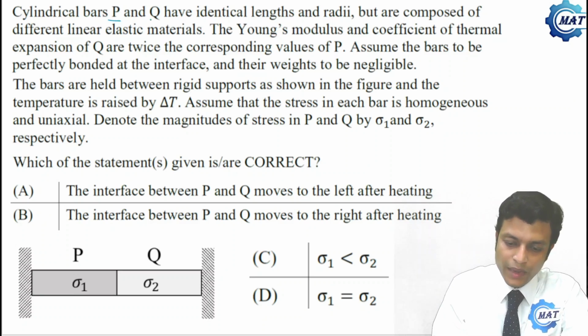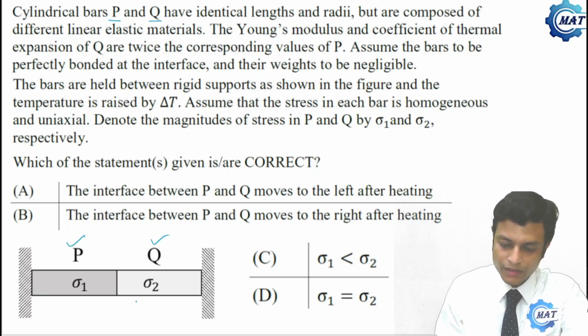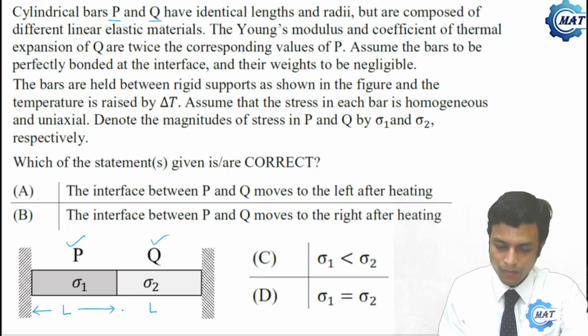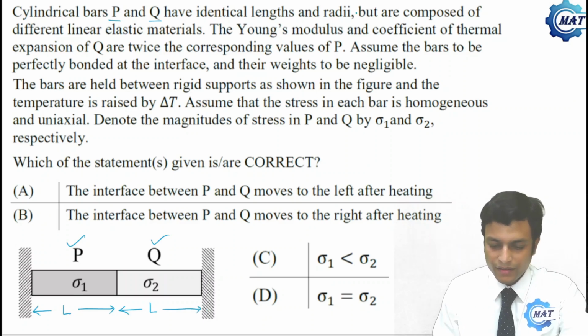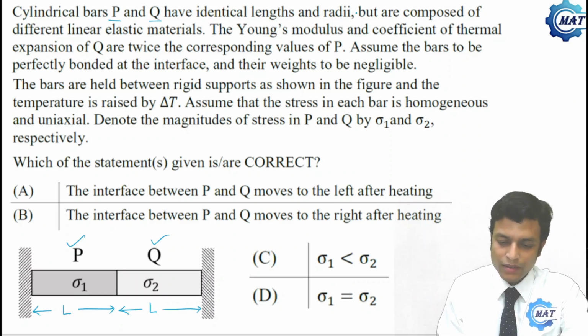Cylindrical bars P and Q, this is P and this is Q, have identical lengths, both having the same length, say L, and radius. If the radii are the same, then both have the same cross-sectional area, say A, but are composed of different linear elastic materials.